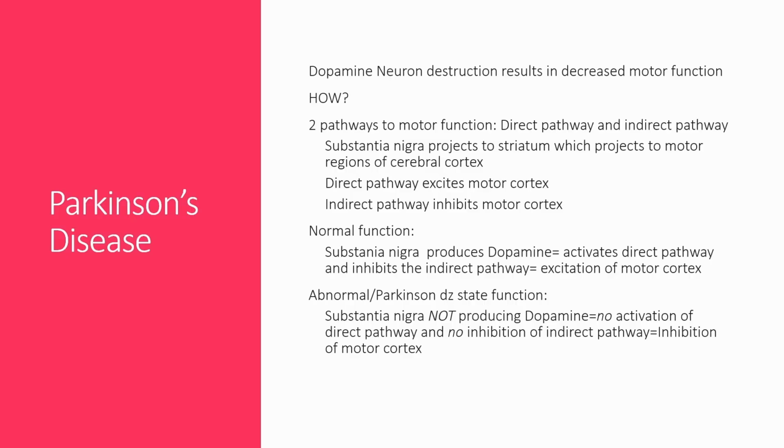We have no dopamine being produced, therefore we're not activating the direct, and we're not inhibiting the indirect one. So who's going to win, the indirect or the direct pathway? The indirect is going to win, and we have reduction in movement because the indirect pathway is not being suppressed by dopamine, so you have uncoordinated movements due to inhibition of your motor cortex. They're not going to be fluid, they're going to be very jerky, bouncing around, and so forth.